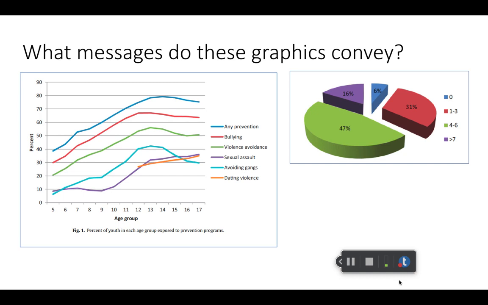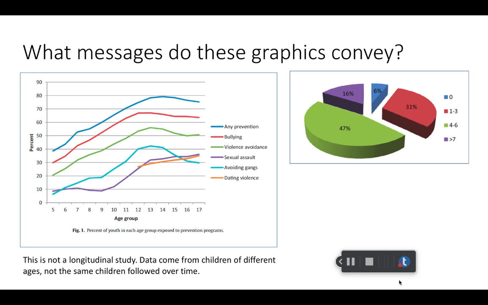And fortunately, the authors have shown actual percentages here, so you know what the numbers are for each of these slices of pie. But pie charts are hard to see. It's much better to show results like this in a bar chart where the bars are stacked next to each other and you can really compare size of the bars. So I think that this is a less than ideal presentation of data in both these graphics.